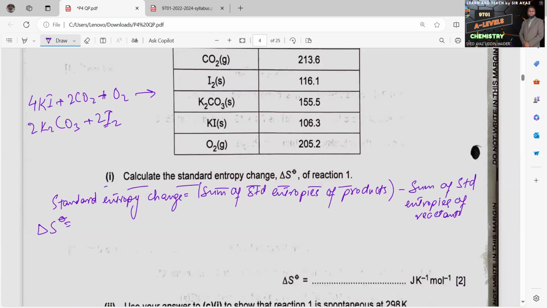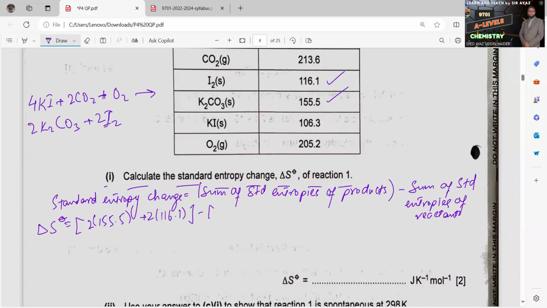Okay, so the sum of standard entropies of products. We need to multiply 2 by 155.5, that is for K2CO3, plus 2 multiplied by 116.1, this is the value for I2. This will be the product side, minus the sum of standard entropies of reactants.